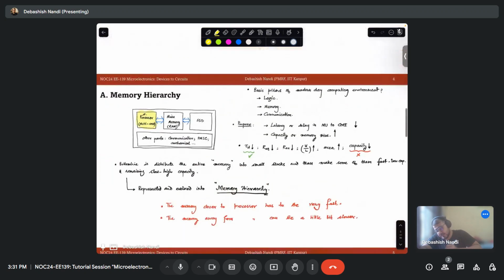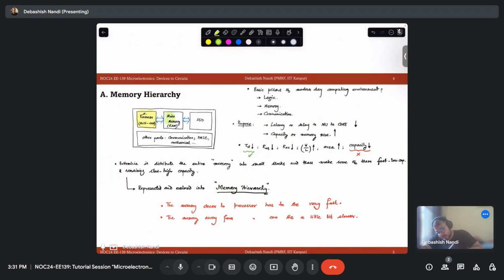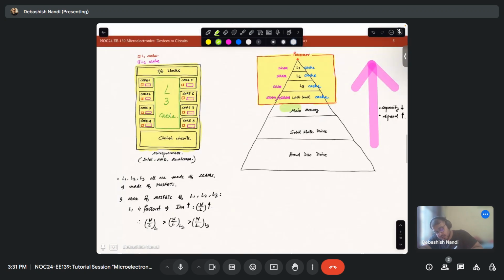And let's say this main memory is the green one. Okay, so this is your main memory. This is basically made of your DRAMs, or dynamic RAMs.